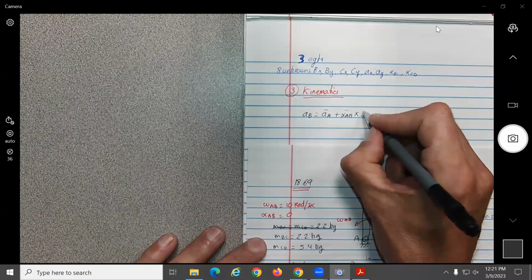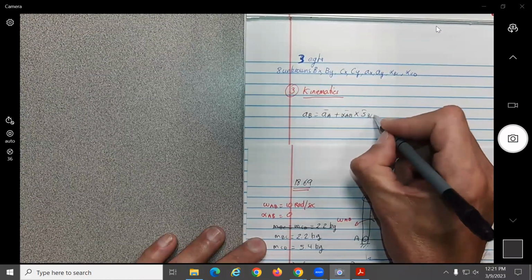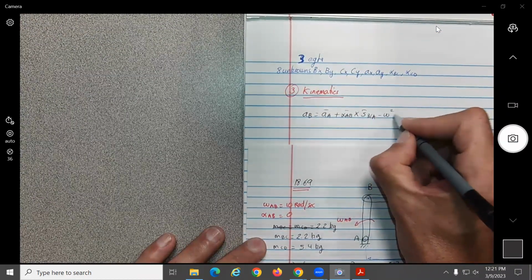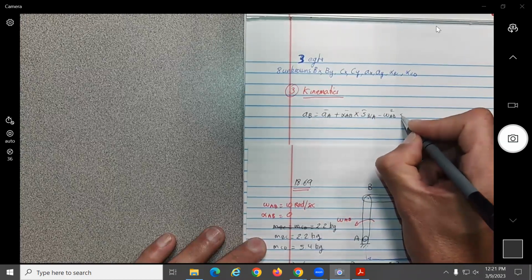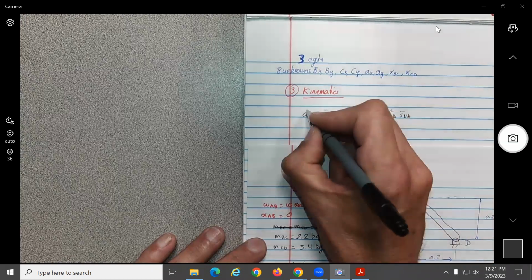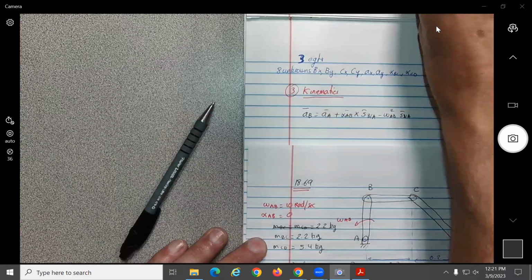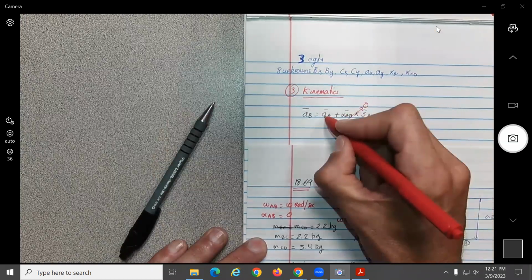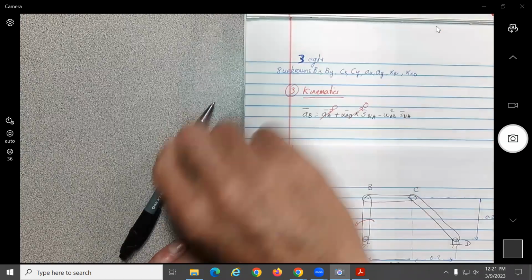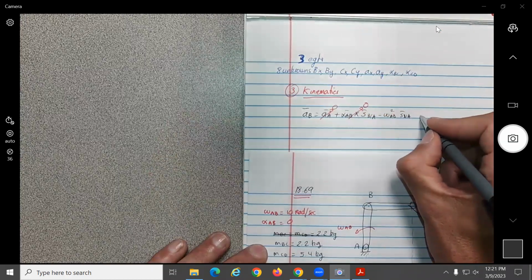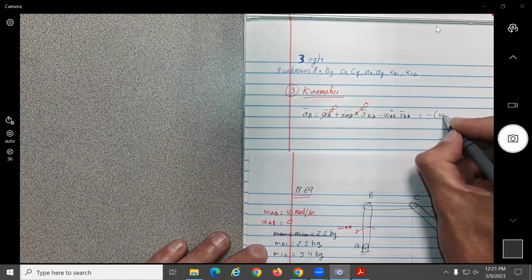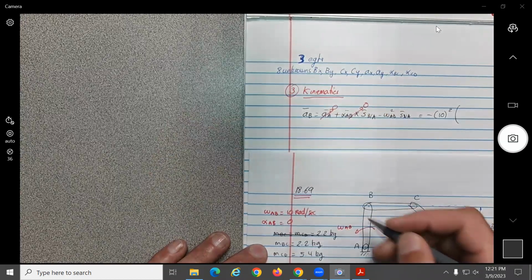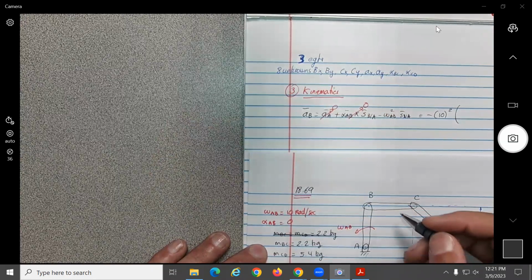So I'm not going to do that. We can do it quick. This is 0, this is 0. So very quick, we can find over here that a_B will be equal to what? Minus 10 squared. What is the position of B with respect to A?